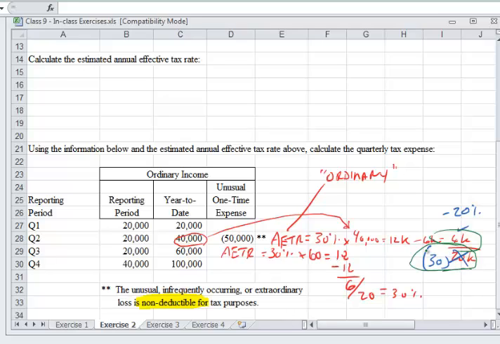But the deduction you get might not be at a rate which is your annual effective tax rate of 30%, right? You might get a deduction at 35% or 40%. So there's still going to be some rate anomaly unless the rate that applies to this discrete item is the same as that annual rate, and it almost never is. So in our example where we assumed it's non-deductible, it's really obvious to see the effect. But the same thing will be true if the item is deductible or taxable.